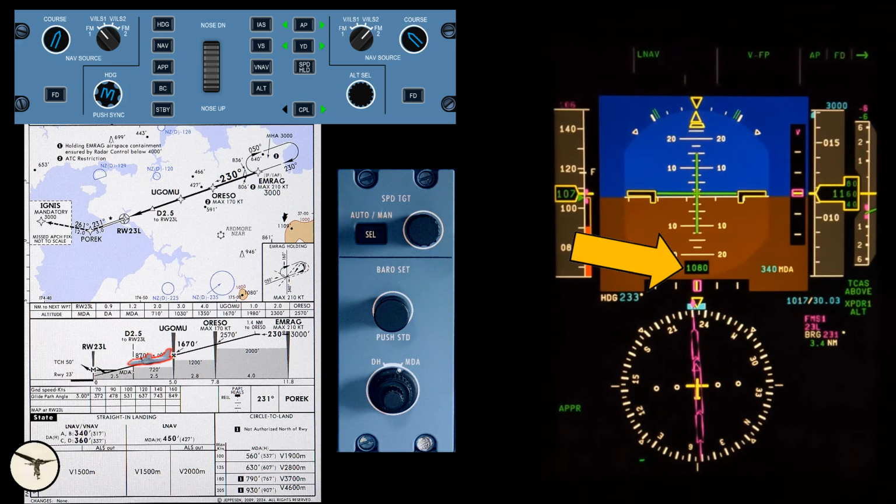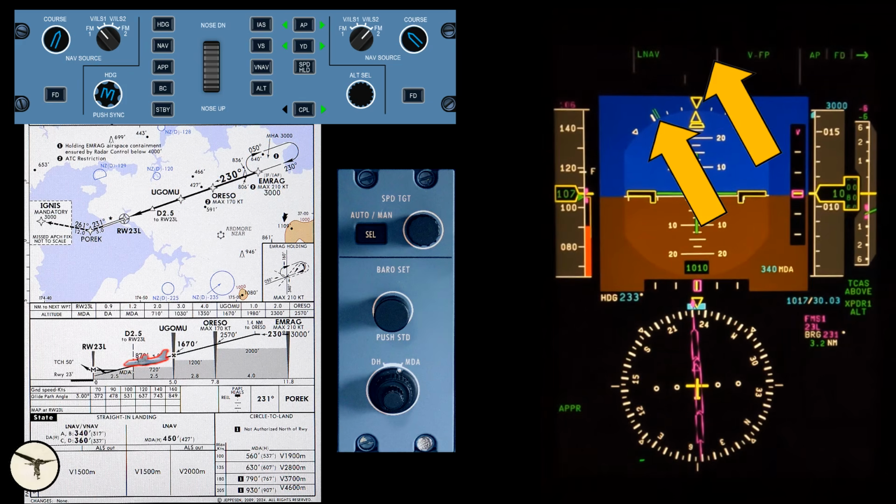When passing 1000 feet on the radio altimeter, the maximum bank angle in turn is restricted to 15 degrees. This is indicated with those green lines and a low label on the FMA.